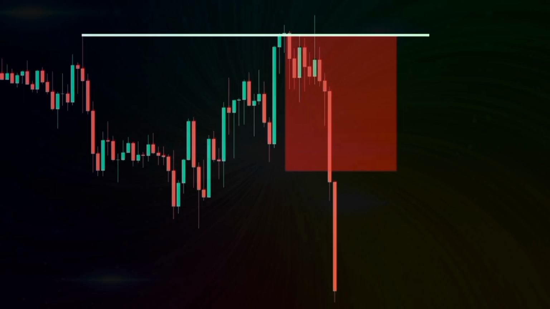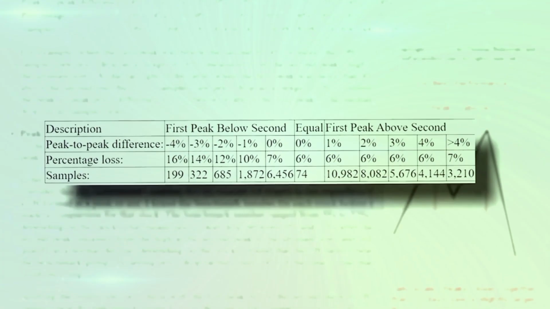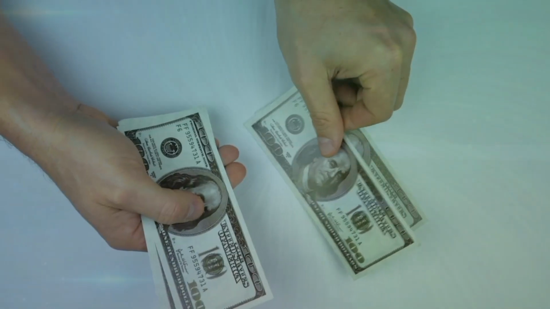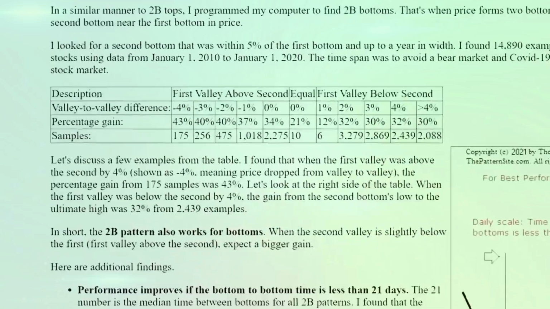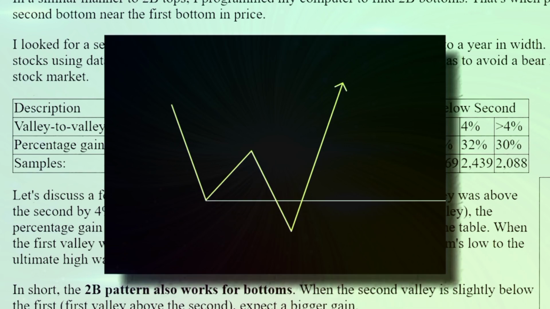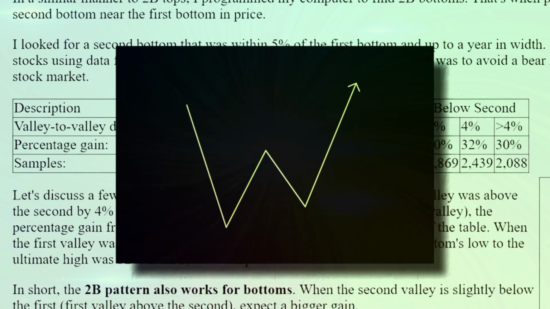Pretty simple. The statistics even back this up. These backtest results are from Thomas Bulkowski, a famous trader, and look just how interesting this is. So comparing if the first valley is above the second, that being a liquidity grab like we just talked about, like this, compare that to if the first valley is below the second, something like this.